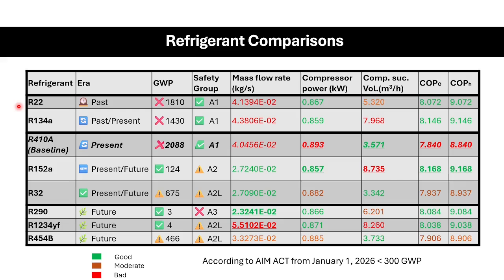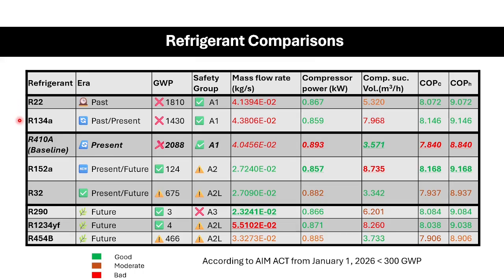R22 has a high GWP of 1810 and it is A1 safe. It has a high mass flow and less compressor power. It has a moderate volumetric flow rate and good COPs.